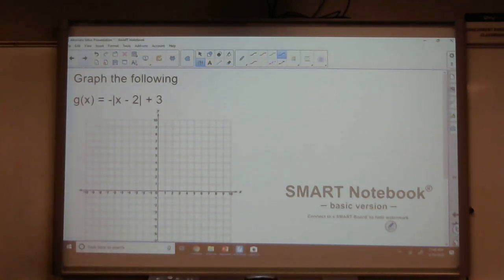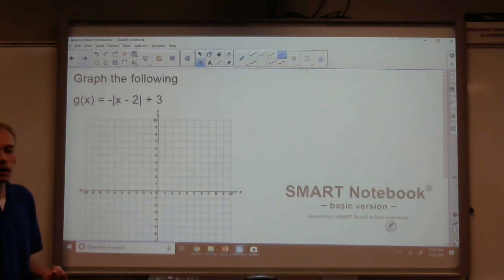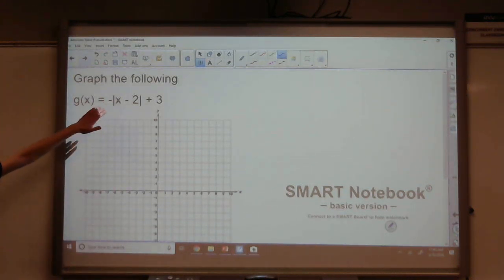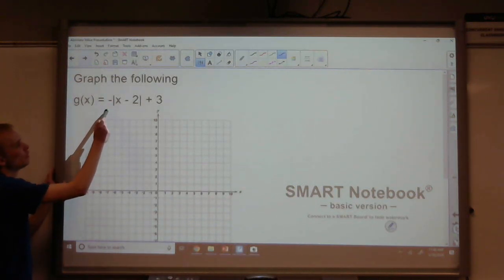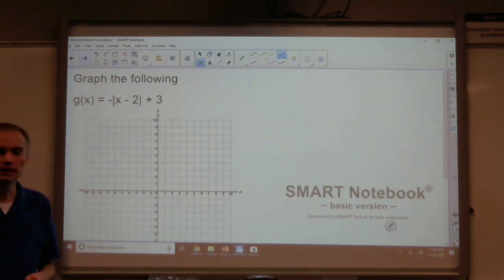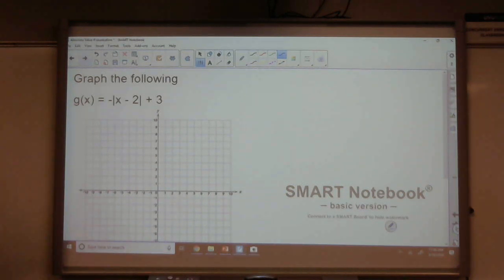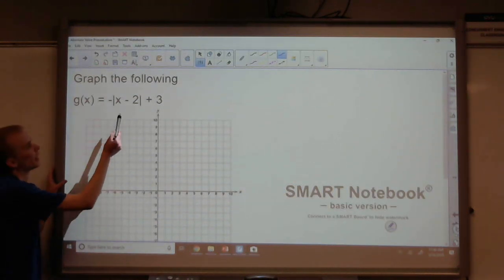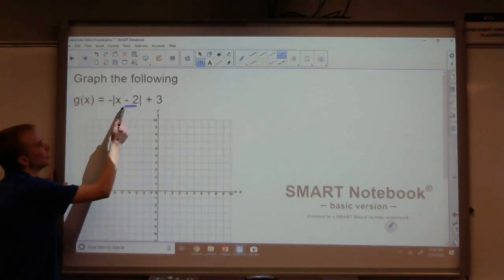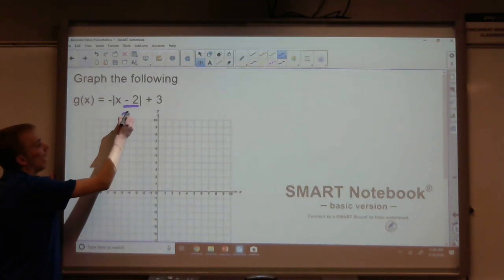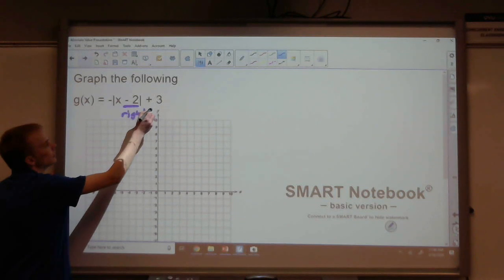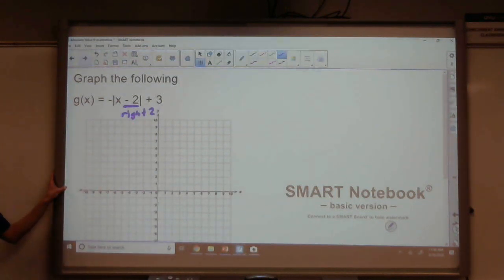Last one. We'll do one more example. Let's say I have something like this, where I have a negative in front of the absolute value. Okay? What is that going to do to my graph? Well, this still tells me, the thing with the x tells me I'm going to be to the right 2, because it's opposite of what I would think.